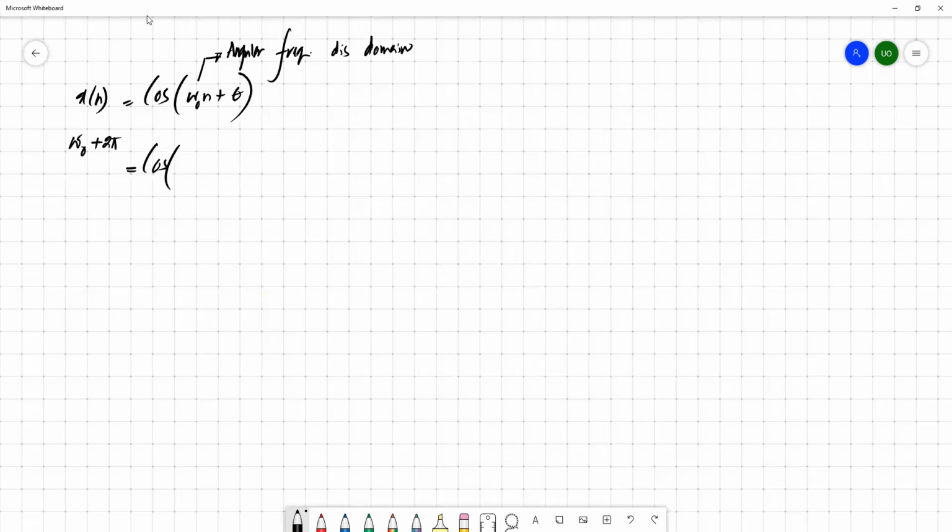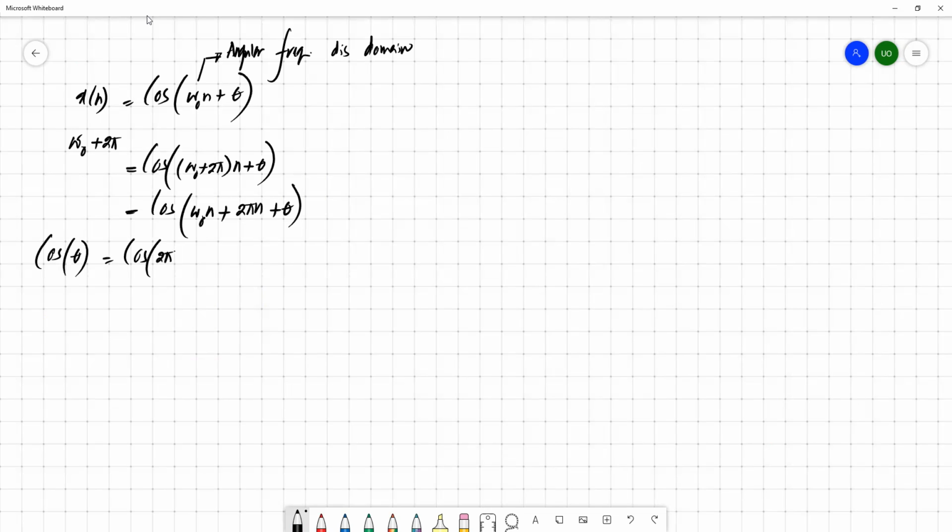Instead of omega naught, we have omega naught plus 2π, times n, plus theta. If you further simplify, this is cos(omega naught n plus 2πn plus theta). We know that cos theta and cos(2πn plus theta) are equal.